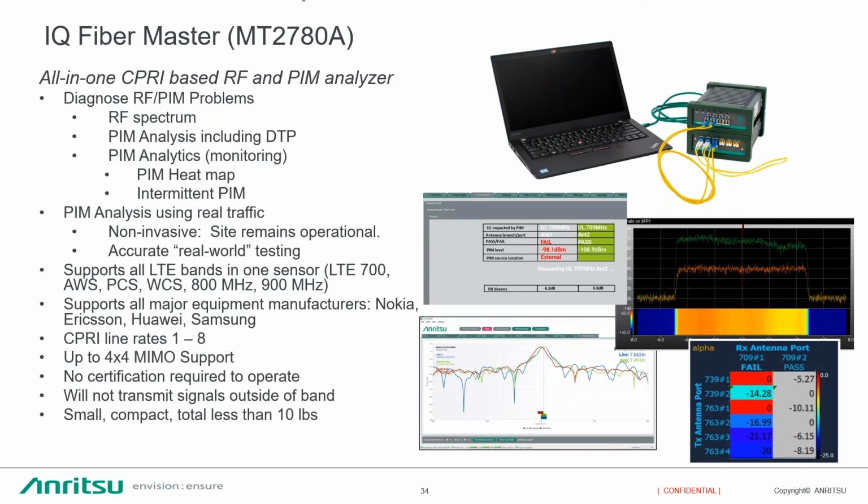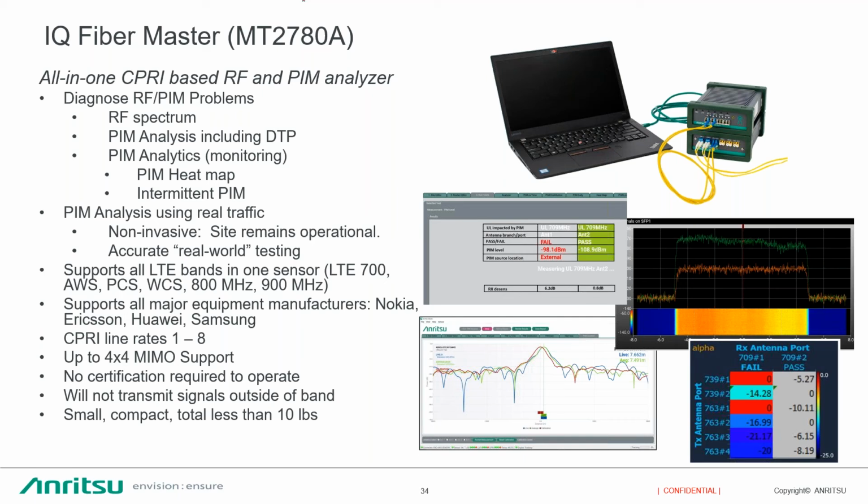All right, let me summarize this, and then we'll get into a little bit of fun here. The IQ FiberMaster is a CPRI-based all-in-one RF and PIM analyzer. It'll diagnose your PIM problems, whether it's just RF interference or a full PIM analysis, which could include a distance to PIM calibration if you can get access to the antenna.